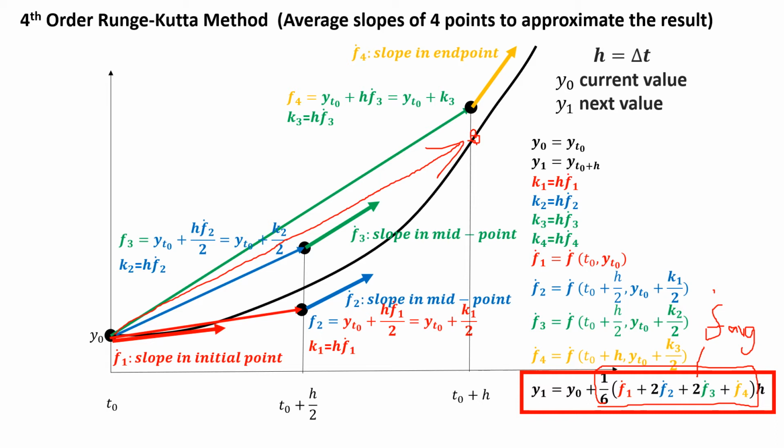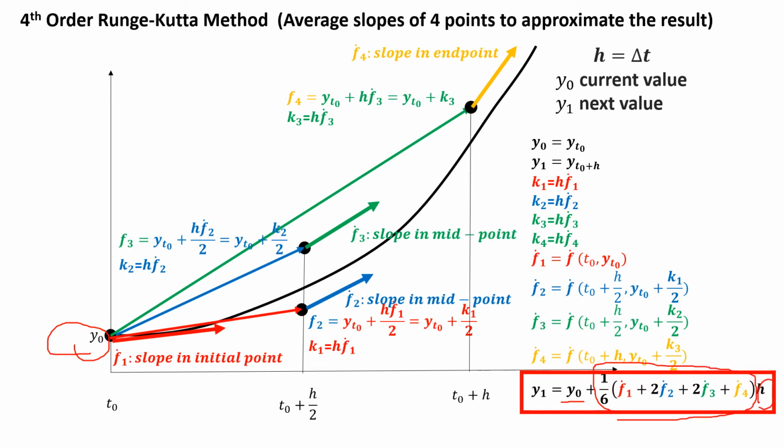Okay. So assume it is very similar to the slope, so we will use the same rule: y0 plus the average slope multiplied by time, then we can get y1. y1 is here. It means the next point. This is actually y(t0 plus h) equal to y(t0) plus the average slope multiplied by delta t.